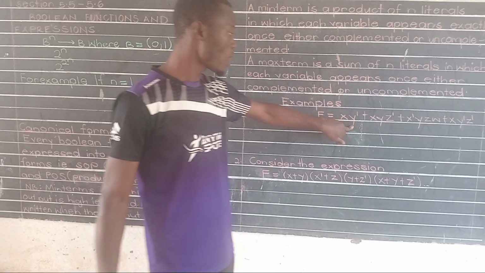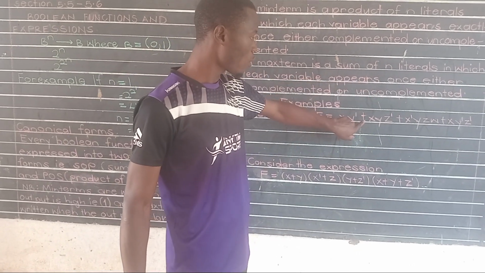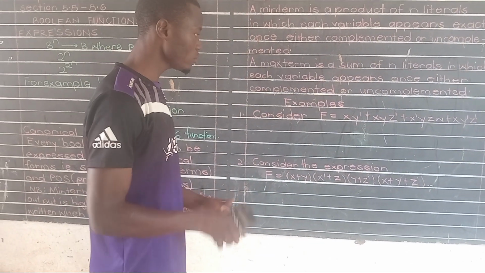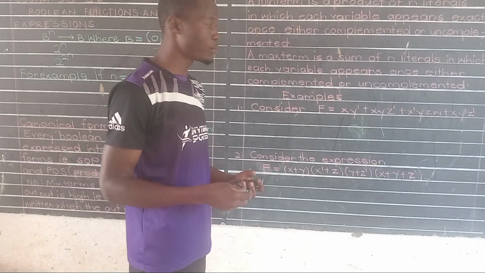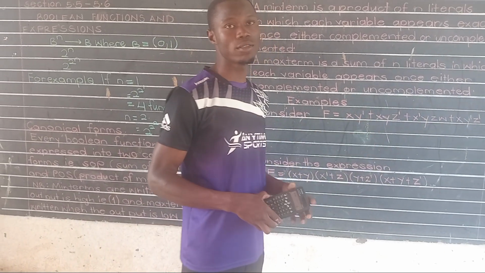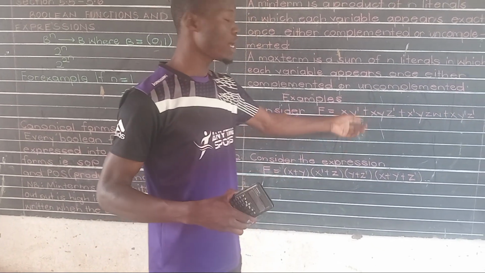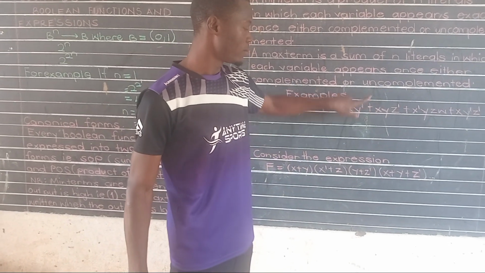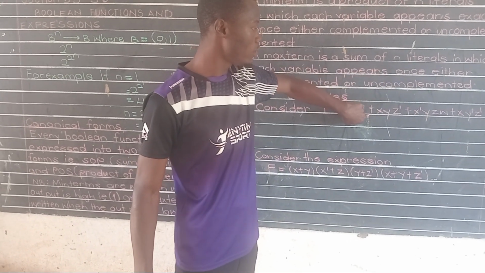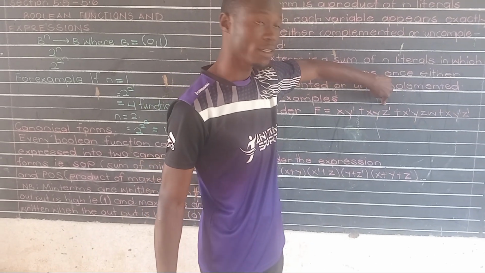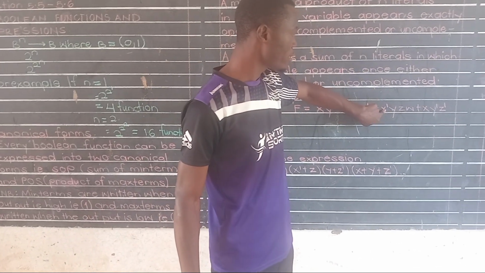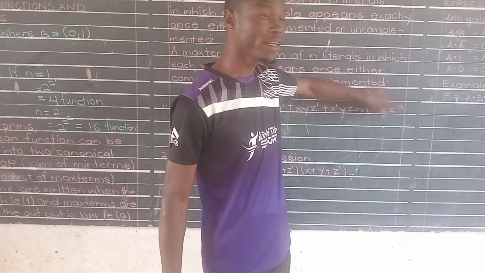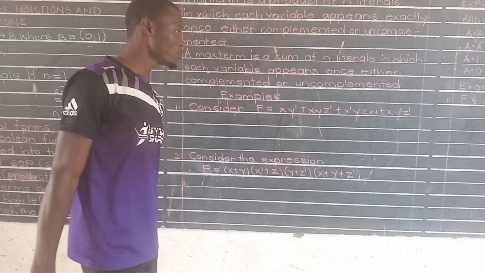The plus is interpreted as OR according to Boolean algebra. So this is x y' OR x y' z OR x' y z w OR x y' z'. So this is the function that we have.